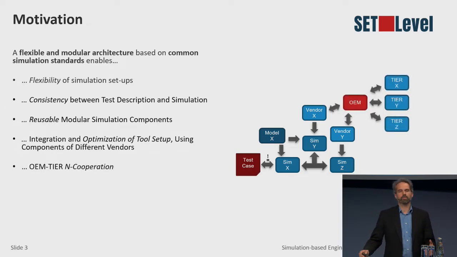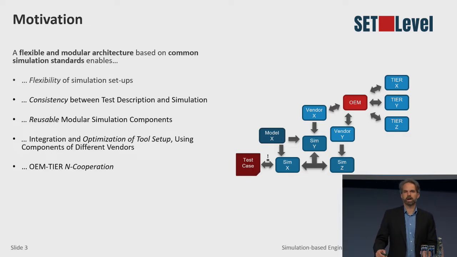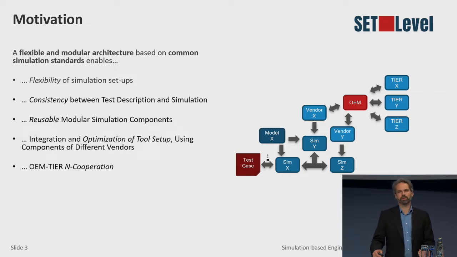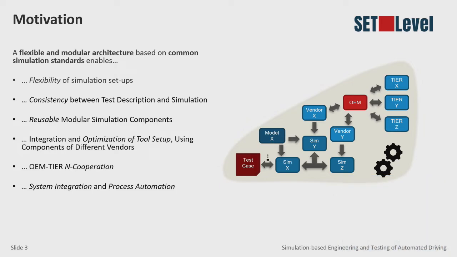And even more, there are tier ones delivering hardware for the later vehicle, so you need models to represent this hardware. Here again, you want a consistent representation of the models and an easy way to integrate them into your simulation. This will ease the OEM and tier 1 cooperation.